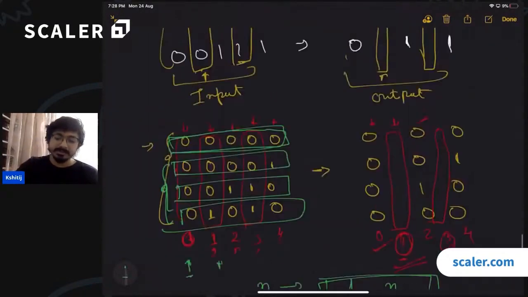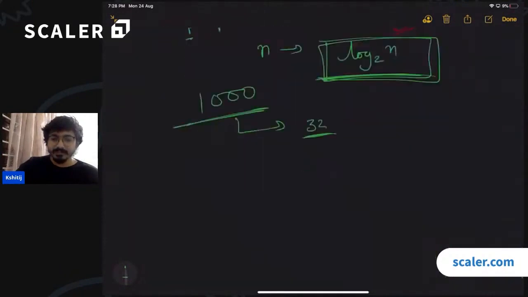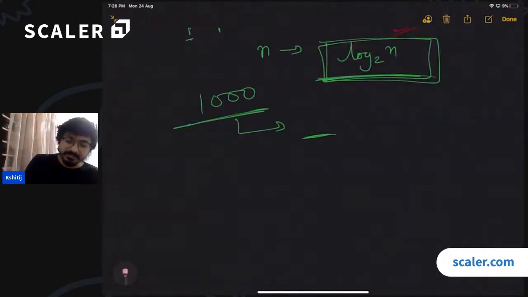In the initial approach, we were sending n queries. That means for 1,000 slaves, you were querying 1,000 times. Sorry, for 1,000 slaves, you can actually do it in 10 bits, right? 2 raised to power 10 is 1024.